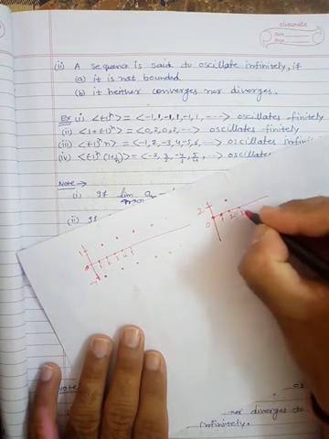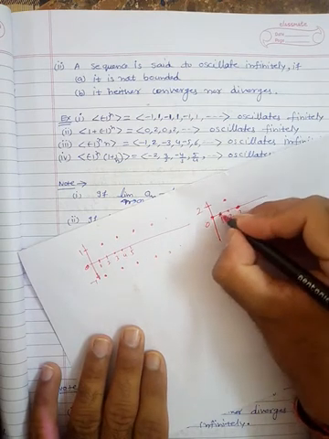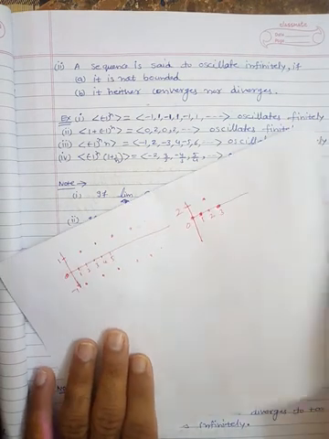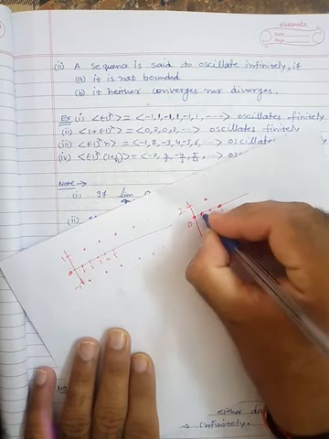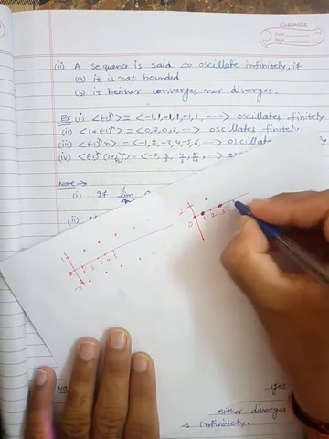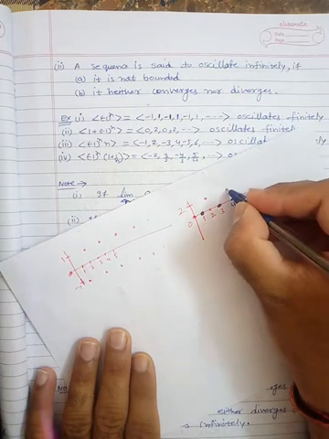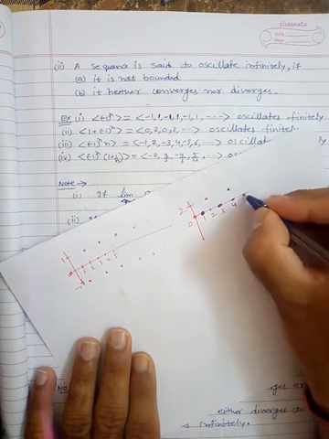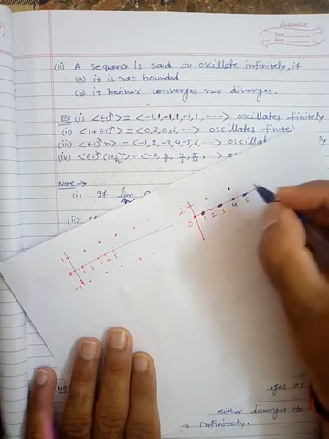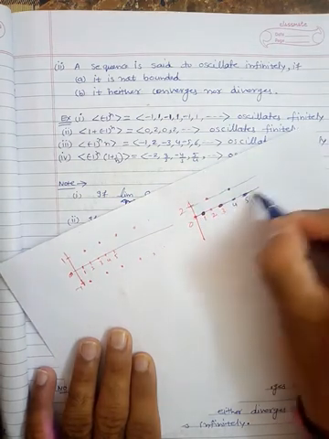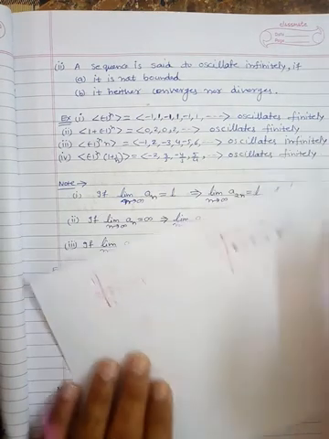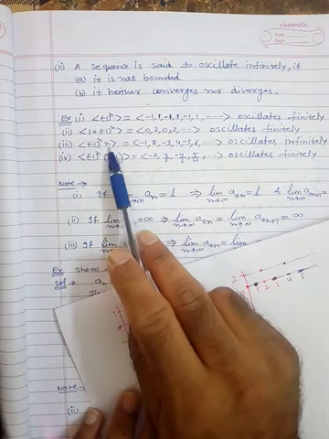Put n equal to 3, we get 0. For n equal to 4 we get 2, for 5 we get 0, and so on. So this sequence is bounded. We have a bound.